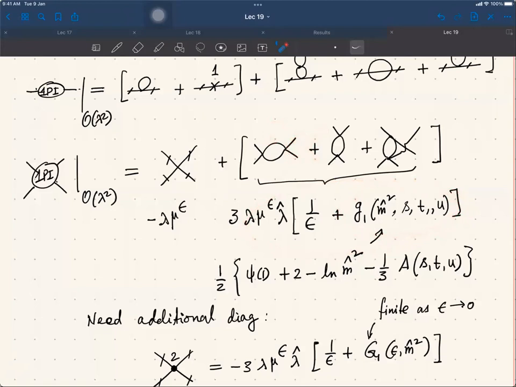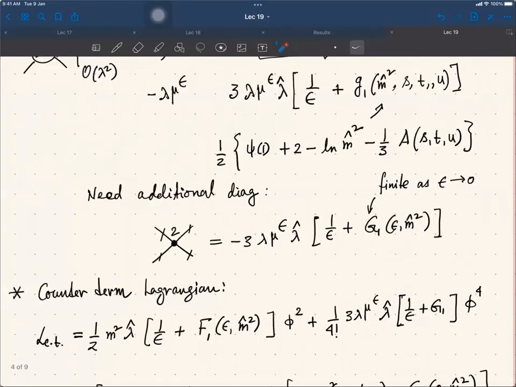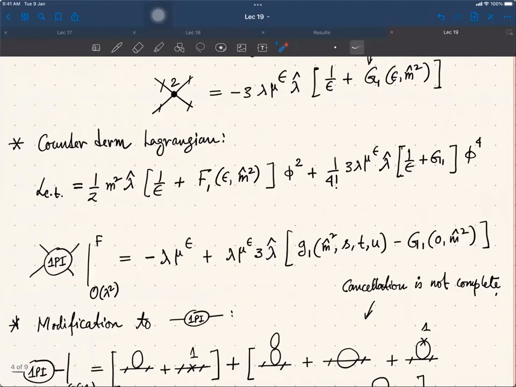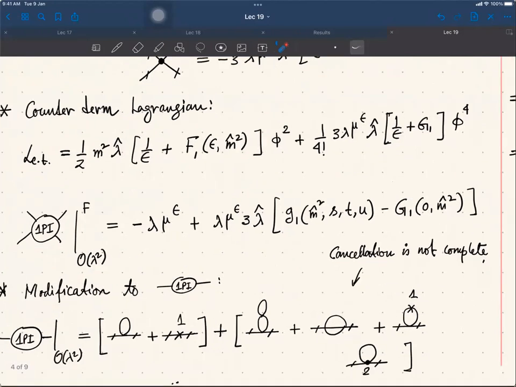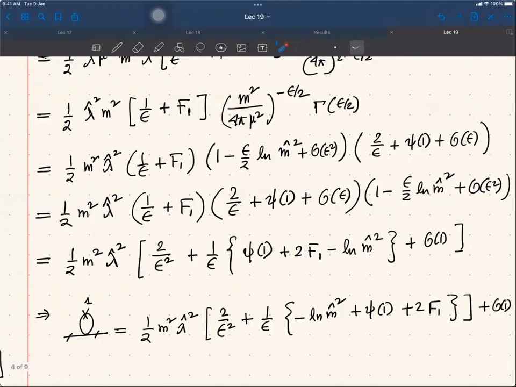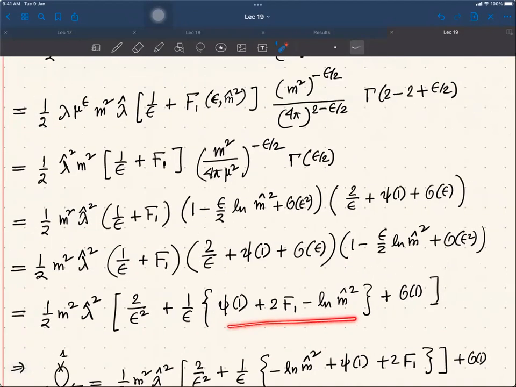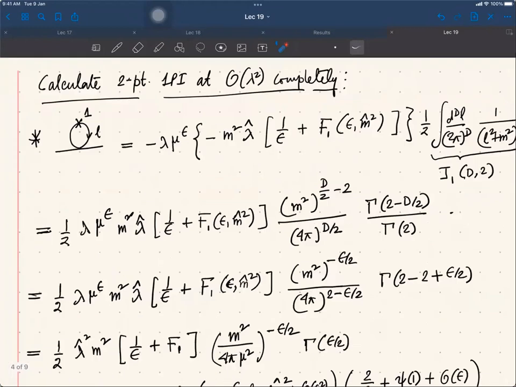So that residue will have log p squared in it, just like we had terms where the residue had log m squared in it. For example, here in this calculation, the 1 over epsilon residue has log m squared.